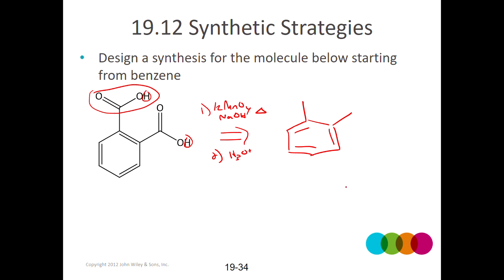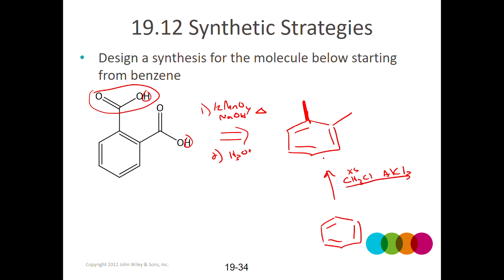So how would I make this structure? Maybe I want to make that from benzene. Well, benzene isn't deactivated, so I could use methyl chloride with AlCl3, and I just use a little excess. One of those reactions should install one methyl group.